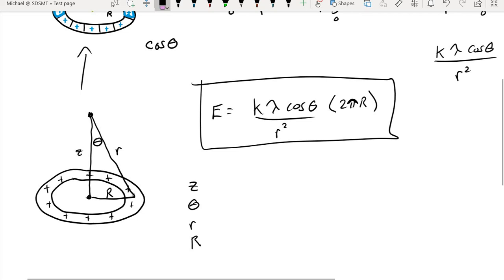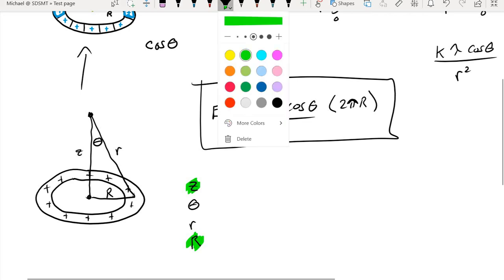So if we had to measure these, which one would be the easiest for us to measure? And your answer should be these 2. We can very easily calculate the other 2 values from the first 2.